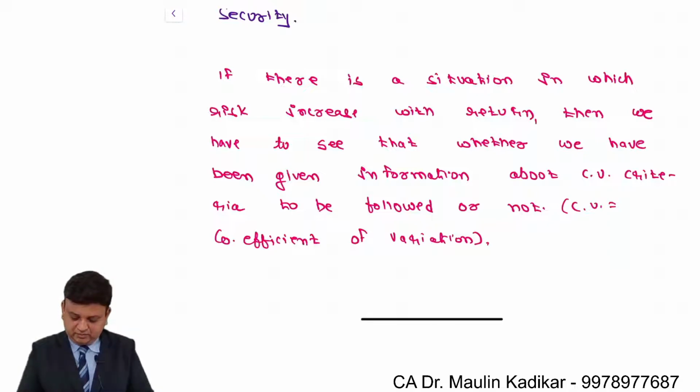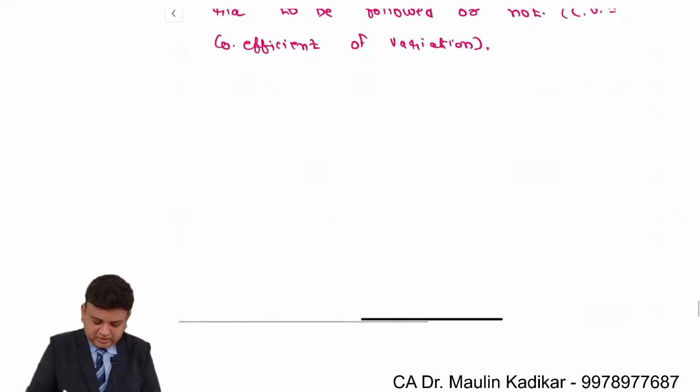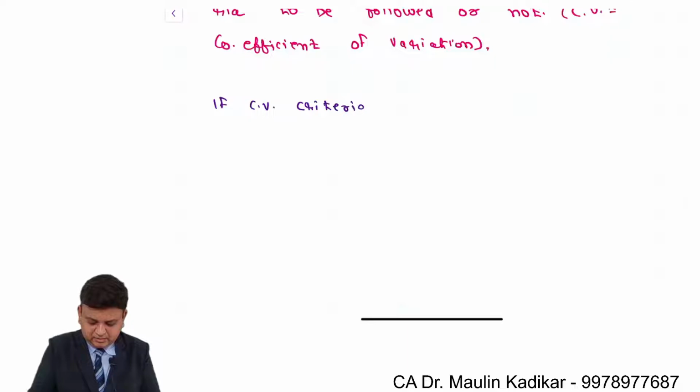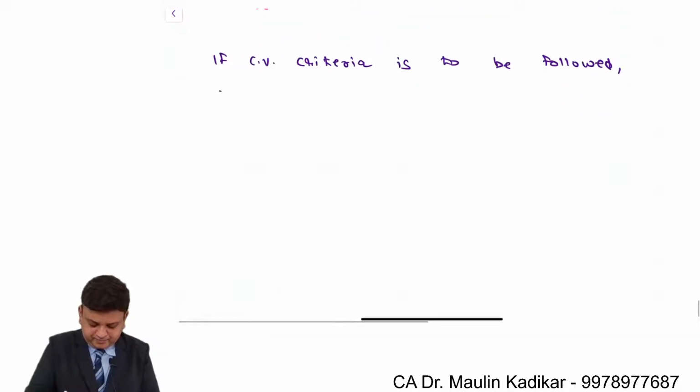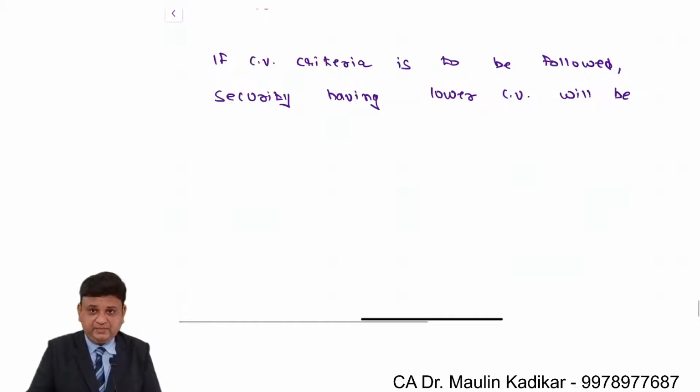With paragraph write down, if CV criteria is to be followed, comma, security having lower CV will be selected.